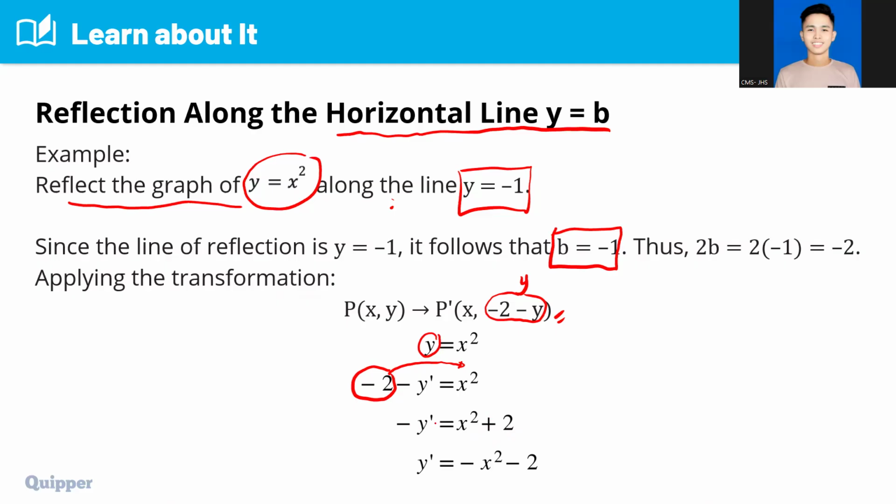We need to make y positive, so we divide all of the terms by negative 1, giving us y equals negative x squared minus 2. So this is the equation of the graph as we reflect y equals x squared along line y equals negative 1. Clear?